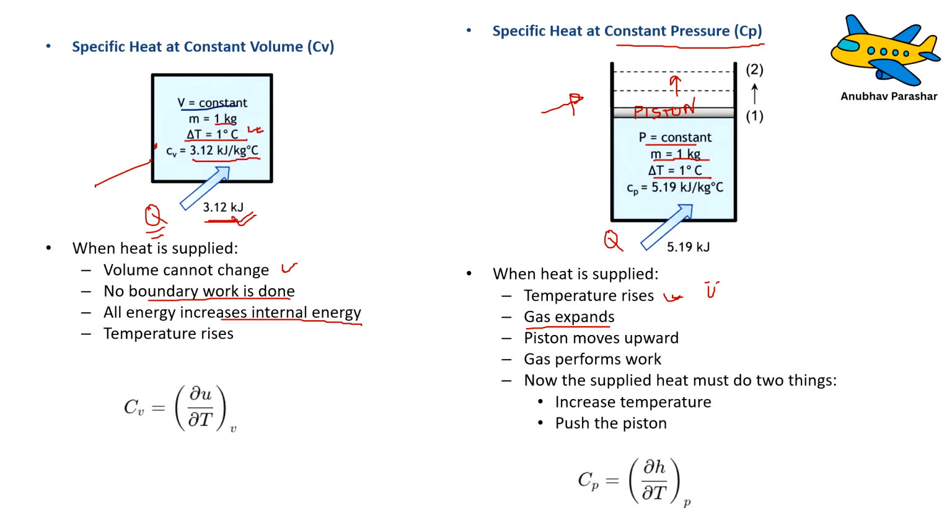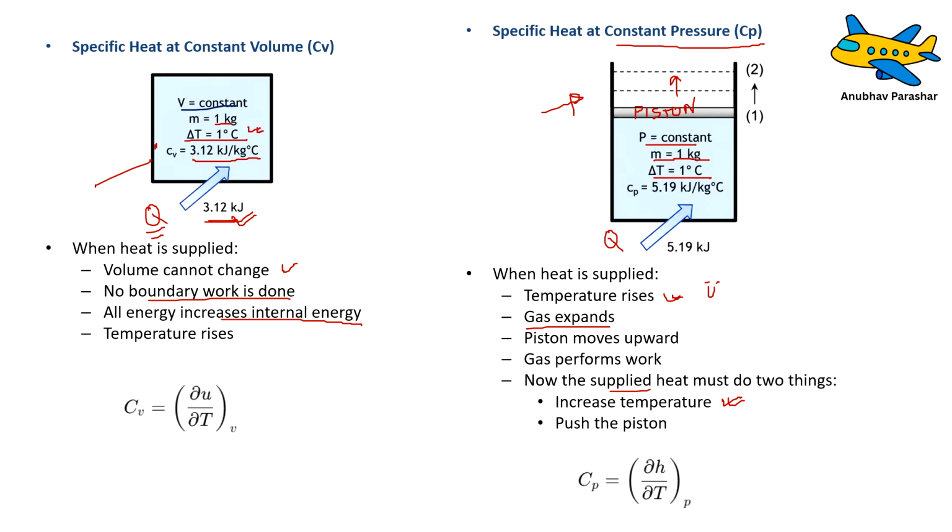So the energy that has been supplied results in two things. One is the increasing temperature, which is changing the sensible energy part. At the same time, it is also pushing the piston. Some amount of work is also being done by the system.